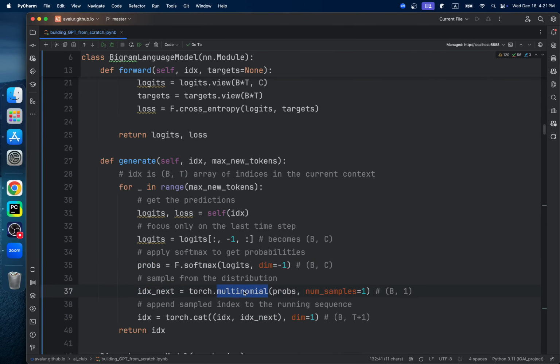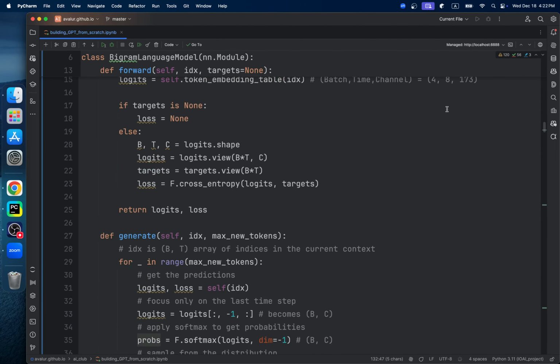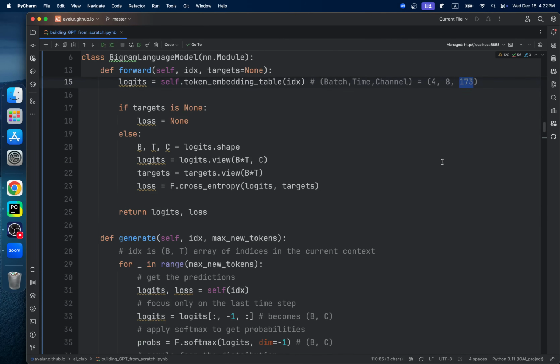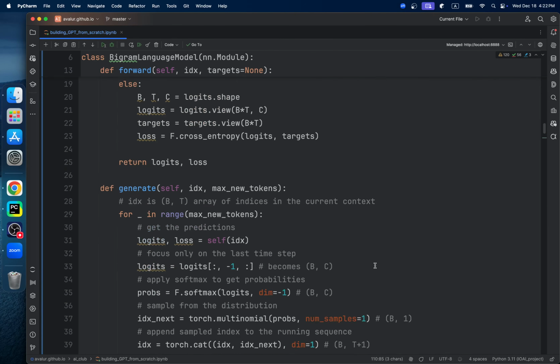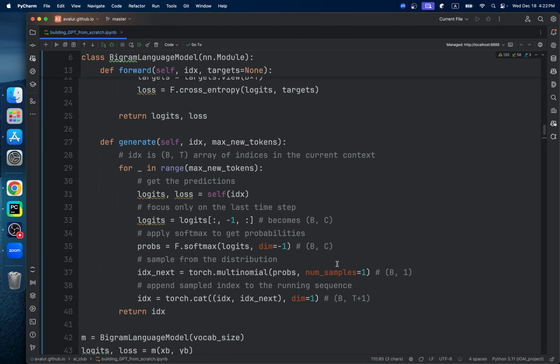Then we use these probabilities to perform sampling. Here is Torch multinomial distribution. It means that we use these probabilities for tossing a big coin with 173 variants of answer. The actual answer is the next index.